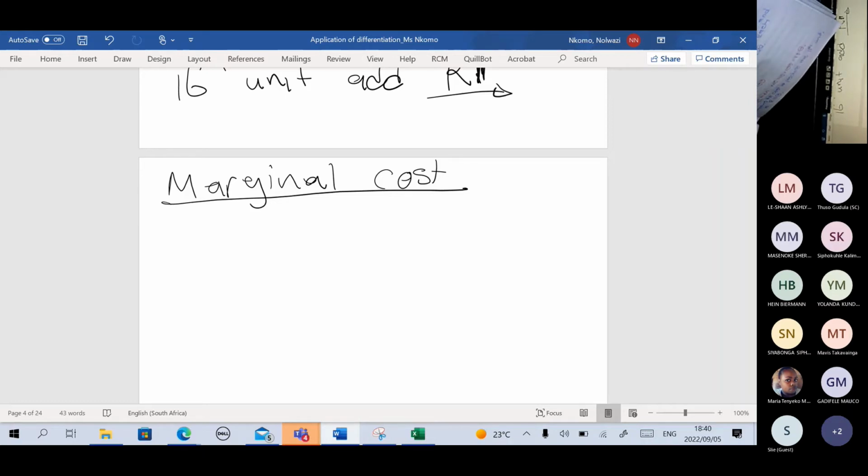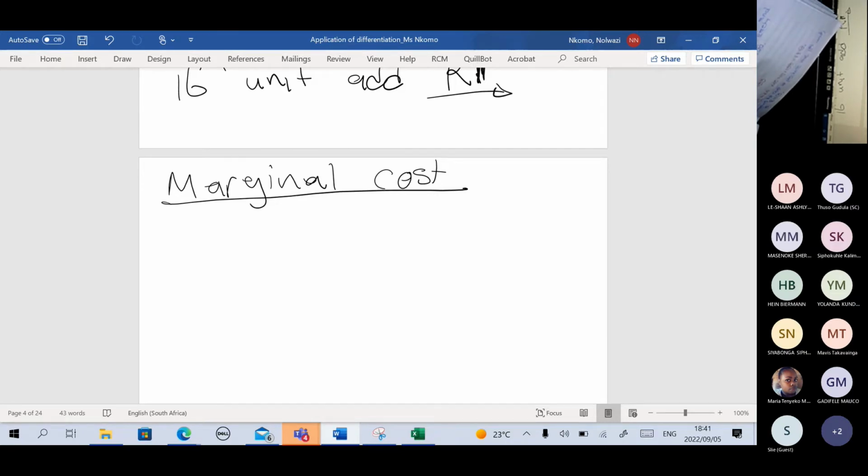Let's say, for example, a company sells phones for 5,000 rand, and it has additional capacity to manufacture more phones.